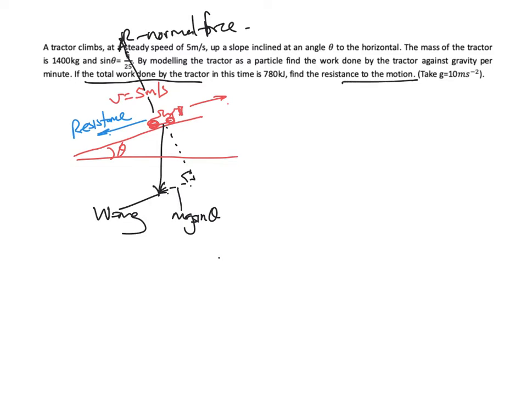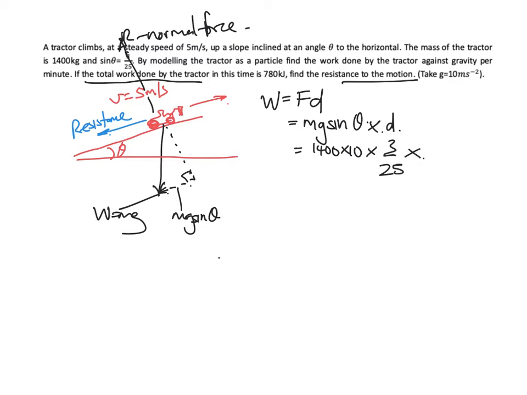First of all, W equals Fd. Let's do this. So F equals mg sine theta, and then multiply by the distance that it has traveled. So it's 1400 multiplied by 10 times sine theta, which is 3/25, and then times d, the distance.